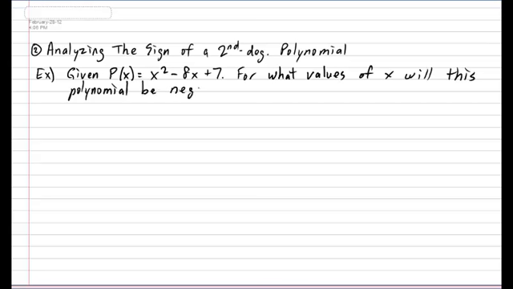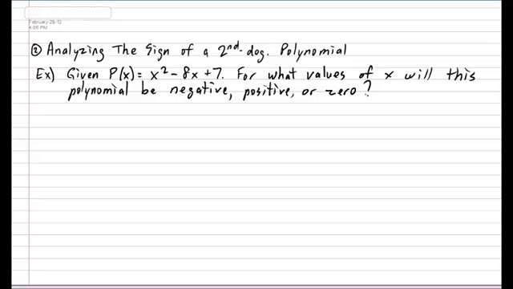The question is this: for what values of x will this polynomial be negative, positive, or 0?